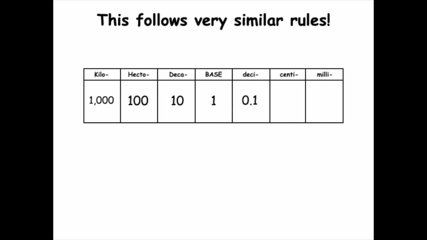So it would be divided by 10 to get to the deci spot, which is why our 1 became a 1/10. Then the centi spot would be 100 times smaller, which means it would be divided by 100, which would get us to 1/100th. And then finally, our milli spot is 1,000 times smaller, so we would take 1 and divide it by 1,000 to get to 1/1,000th.